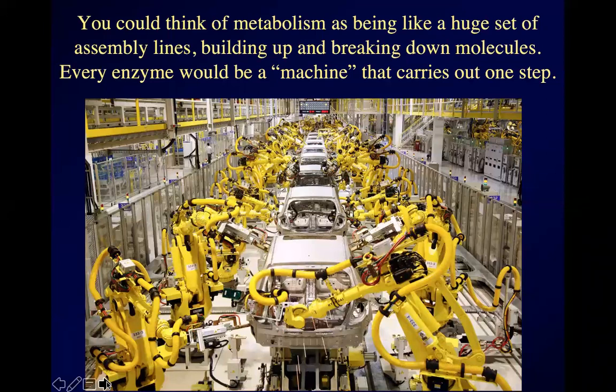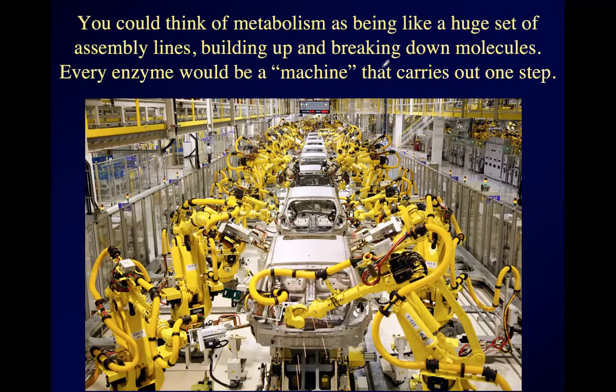Maybe tighten one set of screws. And then the car body moves on down the line to the next robot, and the robot will do one thing, like tighten 3 more screws in a different position. And then the car body will move to a different spot, and the third robot will do something, and so on. Every robot carries out one step and can do it for 24 hours a day, never getting tired.